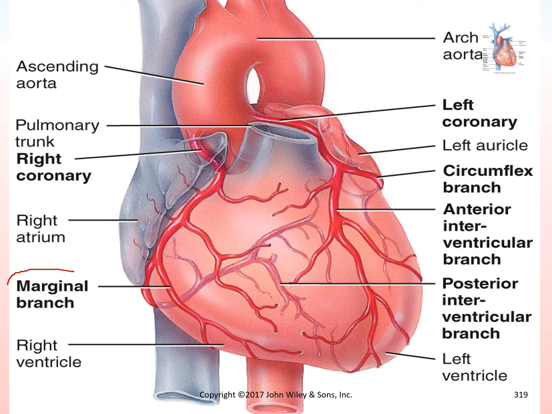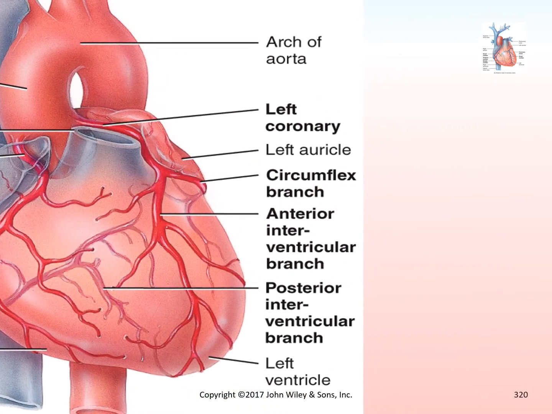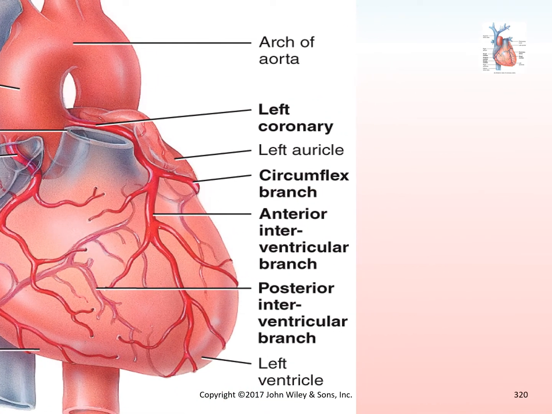You should know the marginal branch of the right coronary artery and the right coronary artery itself. You should know the left coronary artery, the circumflex branch, and the anterior interventricular artery, or LAD, left anterior interventricular artery. It's actually called anterior interventricular artery or left anterior descending artery, LAD.